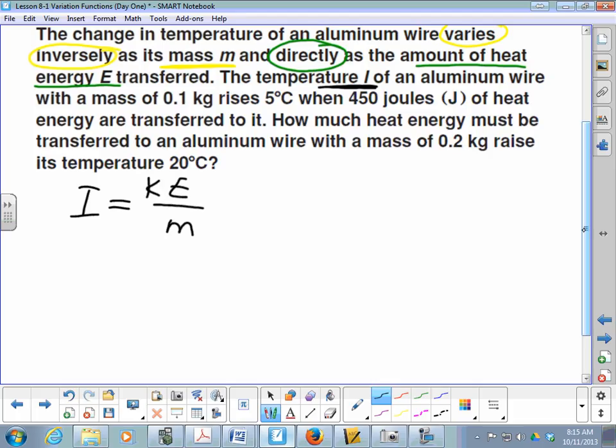So our temperature changes by 5 degrees, because it says it's the change in temperature, with a mass of 1/10 of a kilogram, so that's in the denominator, 0.1, and 450 joules of heat goes in the numerator.